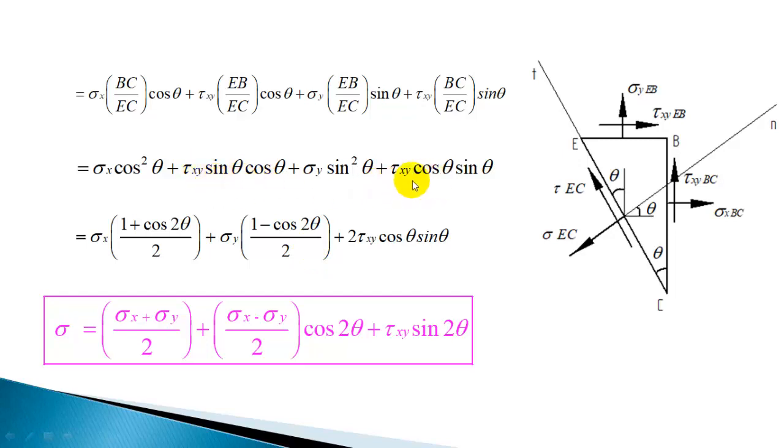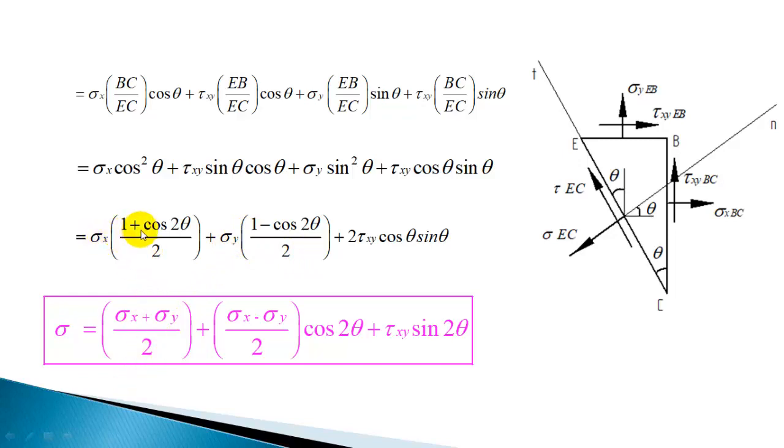These two terms are the same: tau xy sin theta cos theta is also tau xy sin theta cos theta, so 2 tau xy sin theta cos theta. Now for the first terms, sigma x by 2 plus sigma y by 2, that is sigma x plus sigma y by 2.